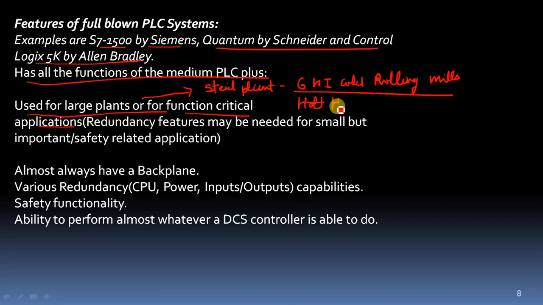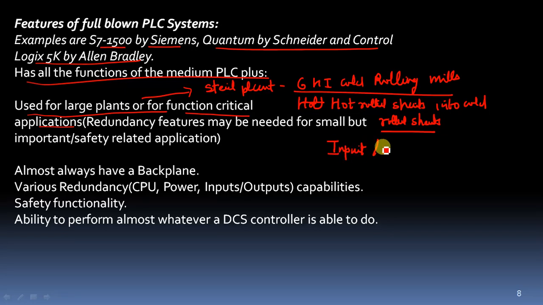So hot rolled sheets are converted into cold rolled sheets. What happens here? Here you have got a lot of functions in the machine. Means there are a lot of interlocks in the machine, and the input output list is also very big.